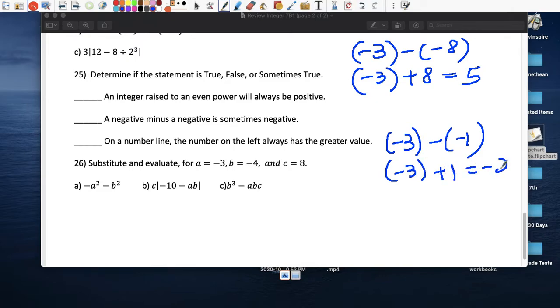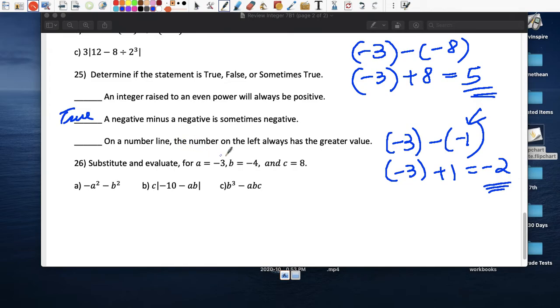There we go, I get a negative number. So sometimes I get a negative number, and sometimes a positive number. So it's sometimes negative. I'm going to write true. It depends on whether this value is larger or smaller than negative 3.